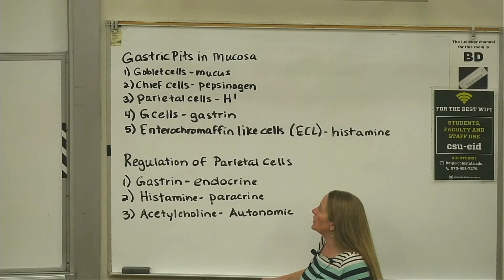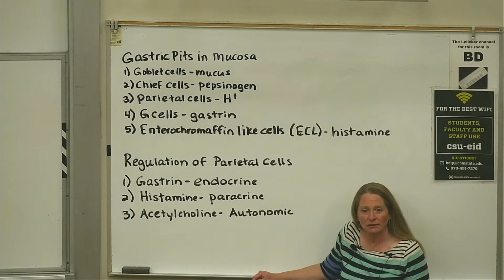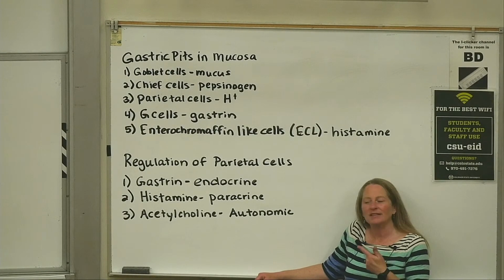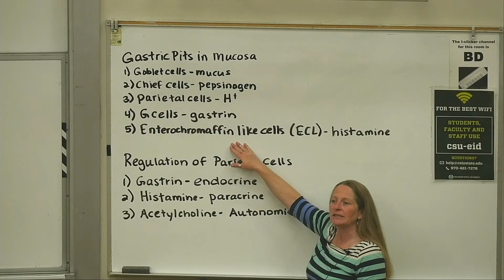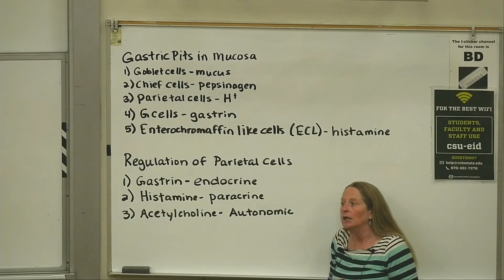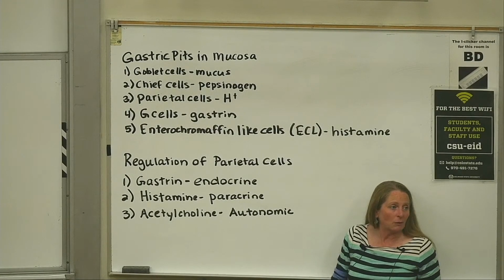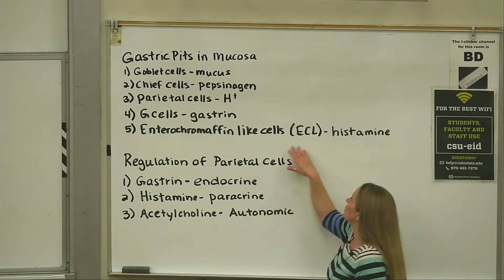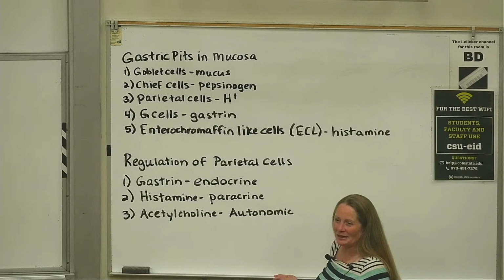G cells and enterochromaffin cells both release hormones. G cells release gastrin. That one's nice, it makes sense, G and gastrin. Then we've got these horrid things, ECL cells or enterochromaffin-like cells. Those release histamine. When we talked about histamine before, we always said mast cells. You're just going to have to remember ECL now. I wish I could change it, but I don't have that authority.